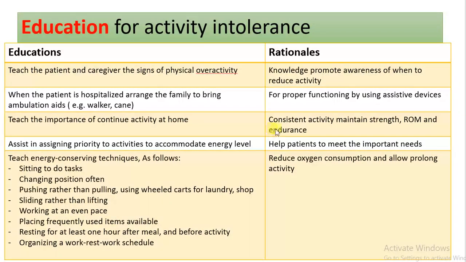This is important because consistent activity maintains strength, range of motion, and endurance of the patient to do daily activities. Assist in assigning priority to activities to accommodate energy level. This is important because, as I said, prioritizing the activities is more important.